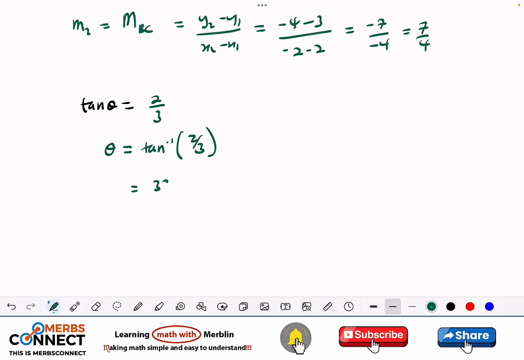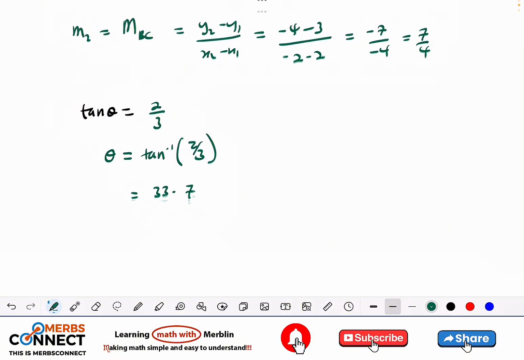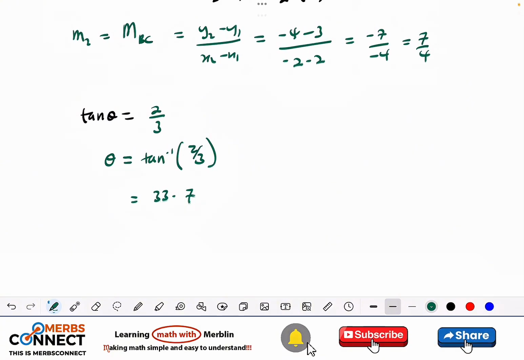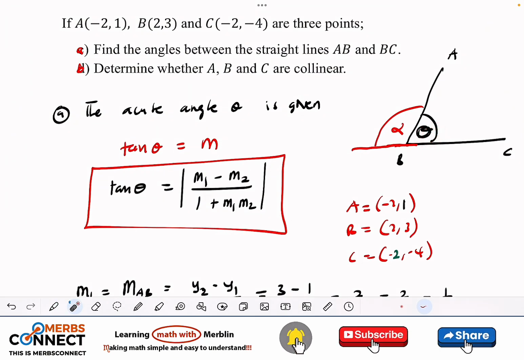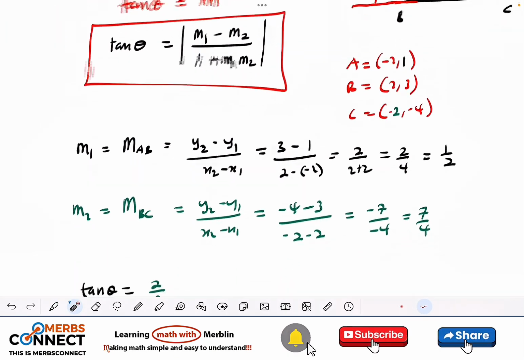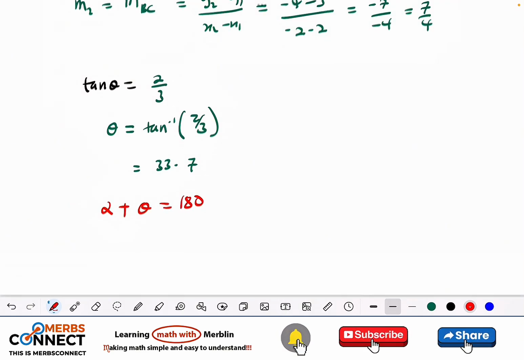3.69, or you can round it to 3.7. Right. So now that we know theta is one of the angles, for us to find the other angle, we can say that alpha plus theta is equal to 180, because they are on the same line.